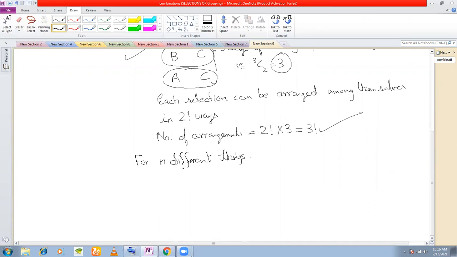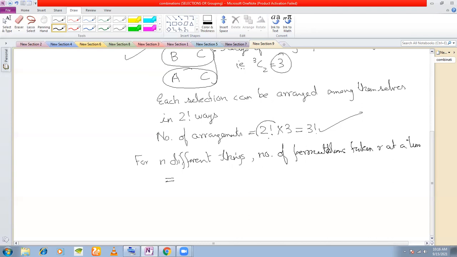If there are n different things, the number of permutations taken r at a time will be how much?